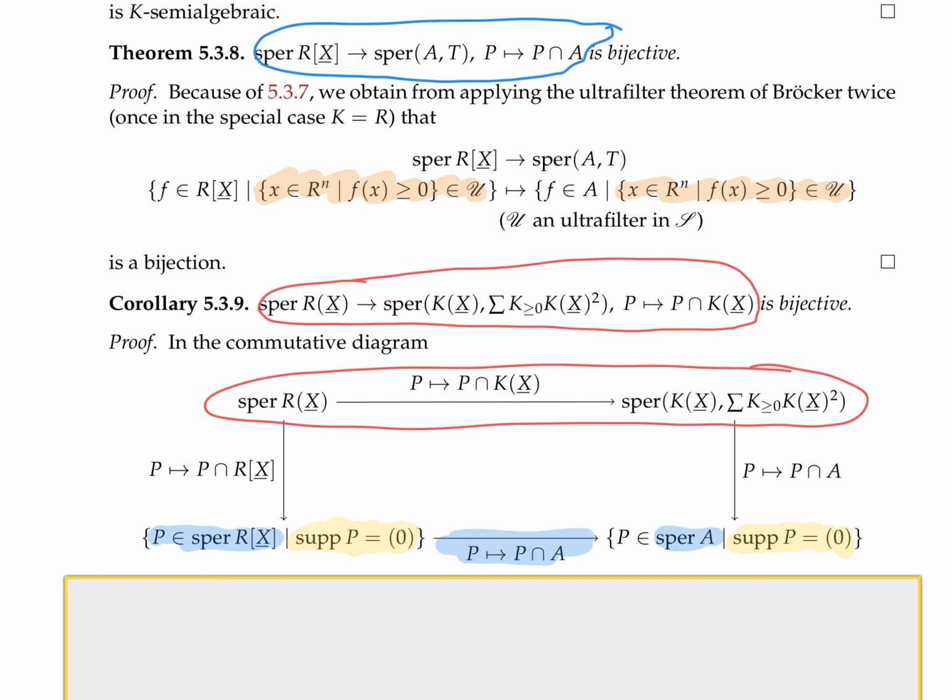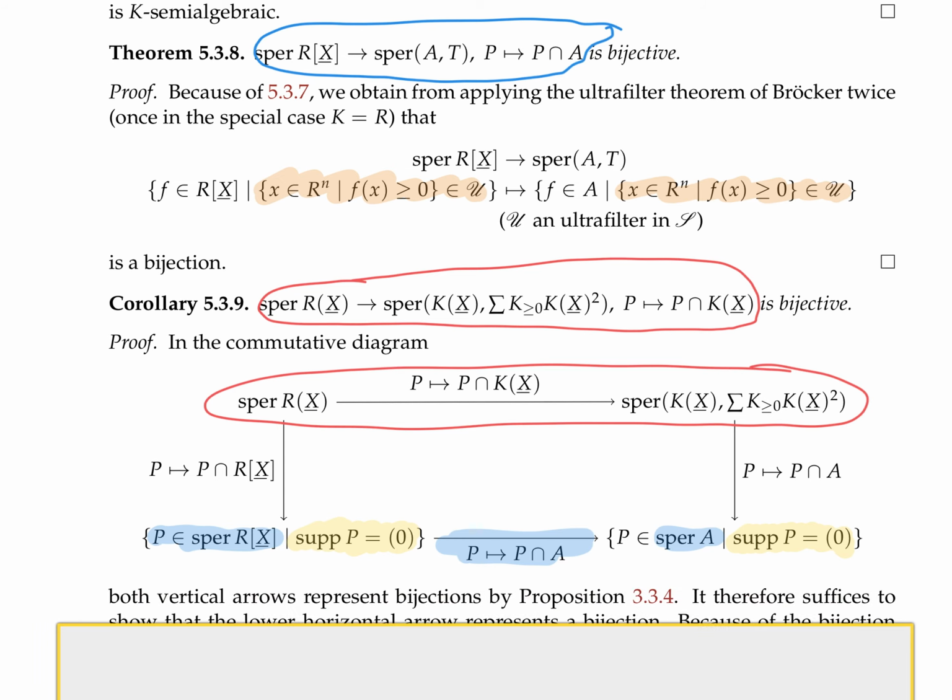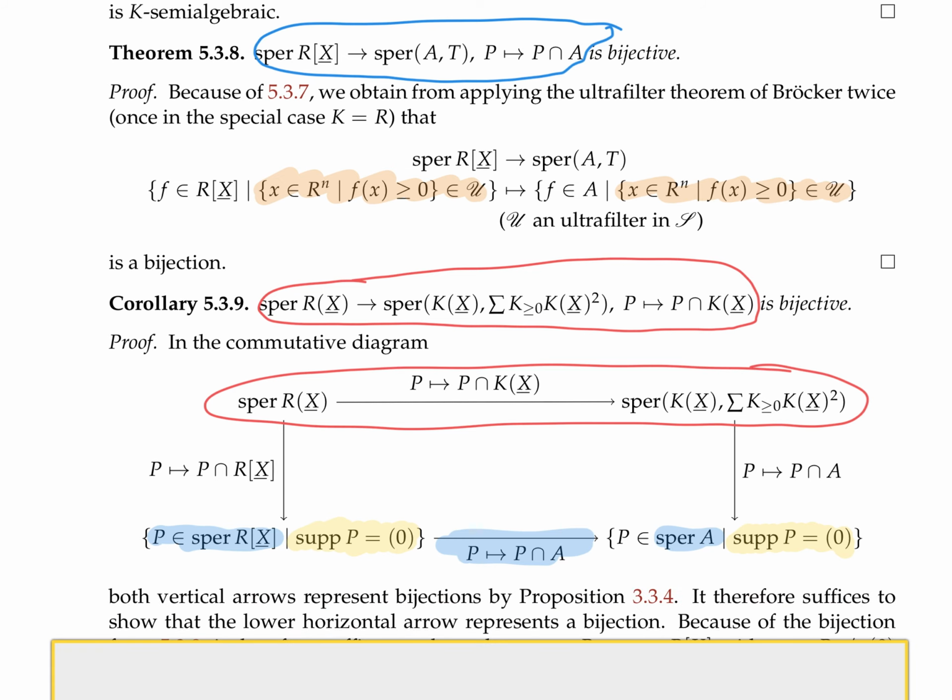I mean, prime cones are orders in fields, right? And the support of an order is always the zero ideal. Okay, good. And this diagram is commutative, obviously, right? It's always just restriction, intersection; it doesn't matter if I map this way or this way. And both vertical arrows represent bijections, right?